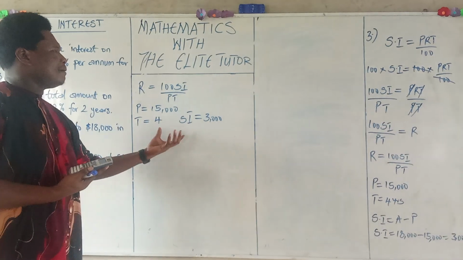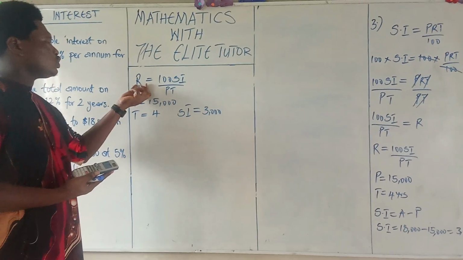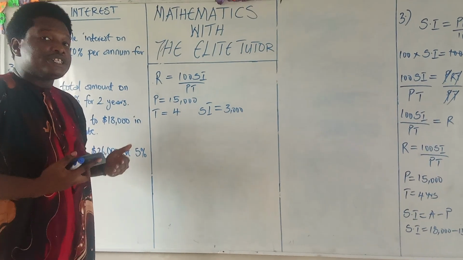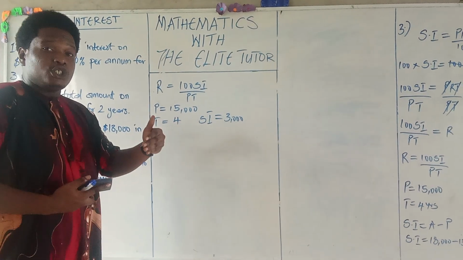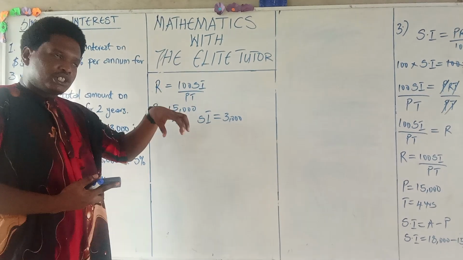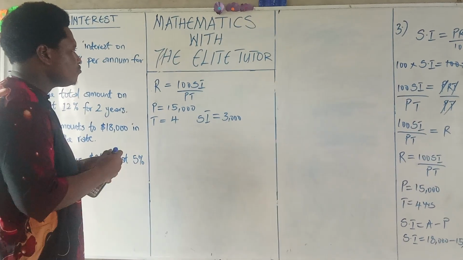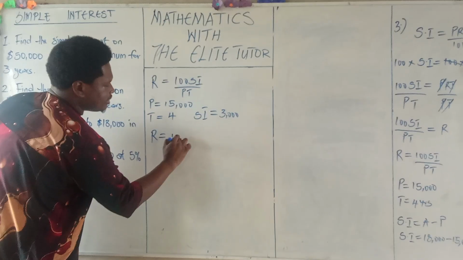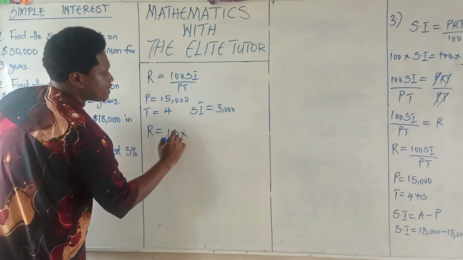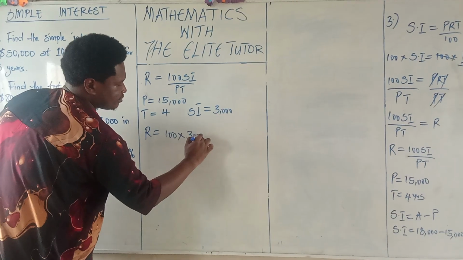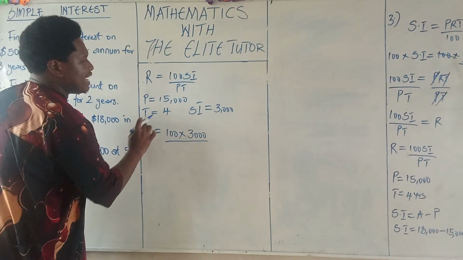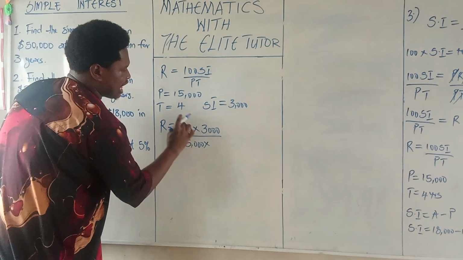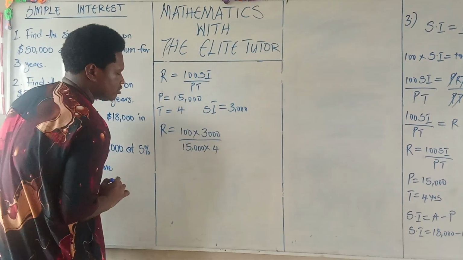Now let's impute these parameters into the formula in order for us to ascertain the rate. Don't forget, the rate is simply like our rate of return. It determines how much money you will make on a particular investment. Now we have that our rate is equal to 100 times our simple interest, which is 3,000, divided by our principal, $15,000, times our time, which is 4.